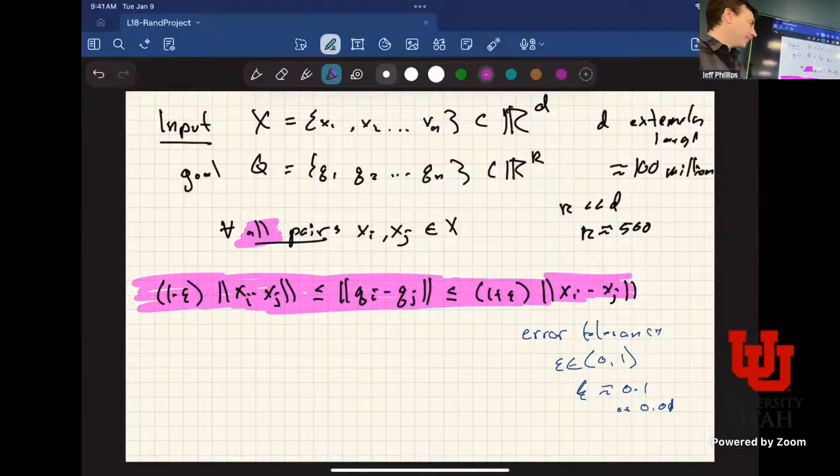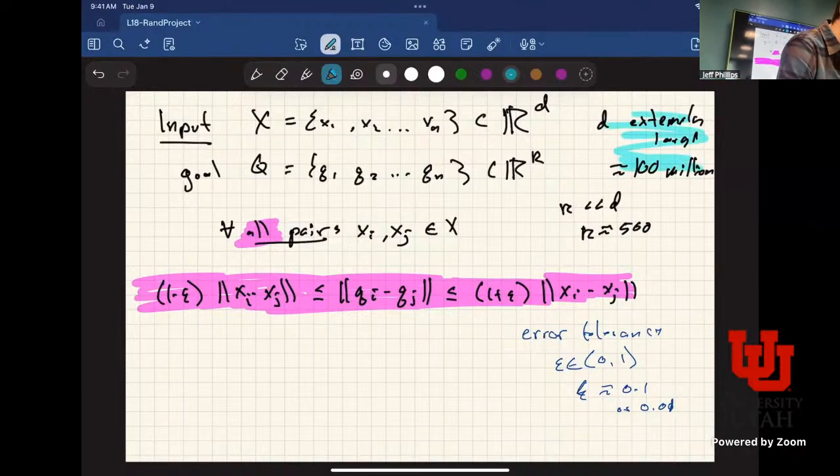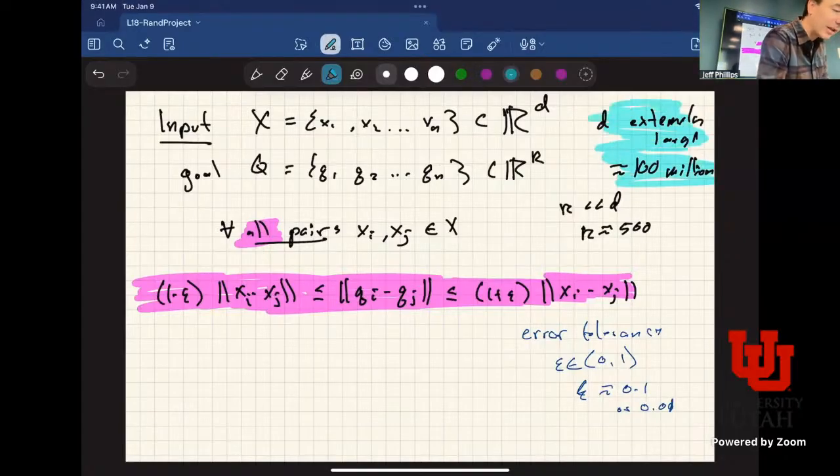Okay, so I'm going to have some good news and some bad news about this. The good news is we completely understand this problem at this point, and we exactly know how well we can do. But the bad news is it basically will only work in this sort of paradigm where D is extremely large and K, I can get down to about 500 or so, right?